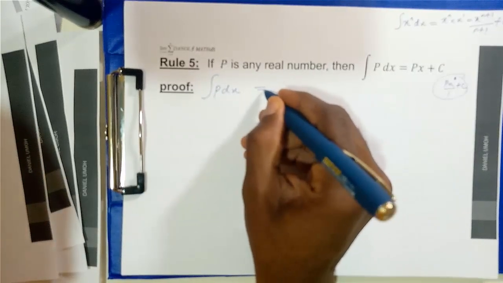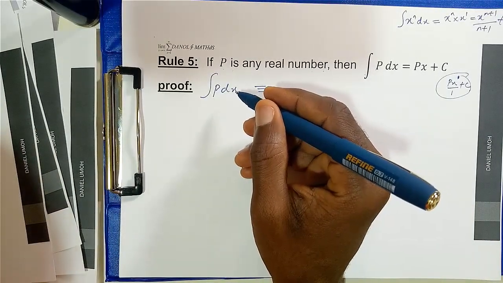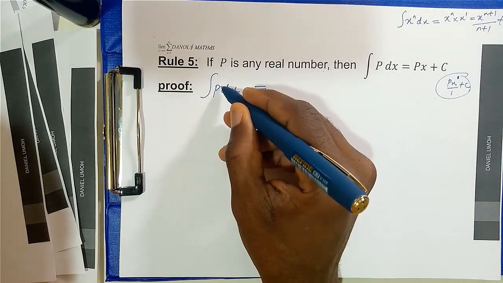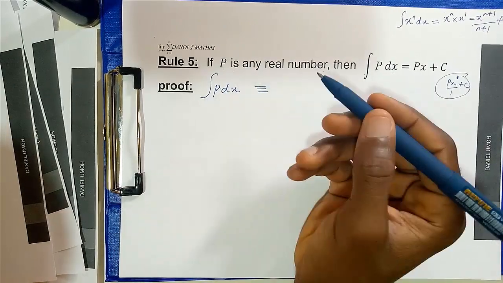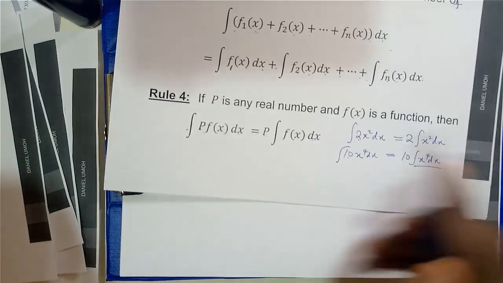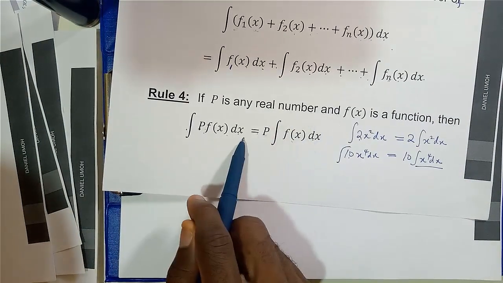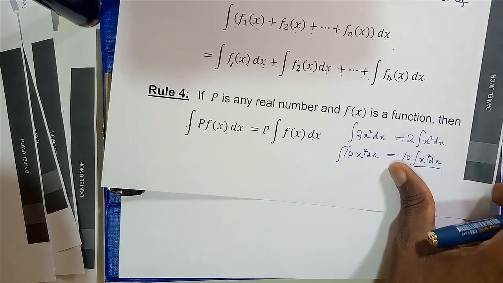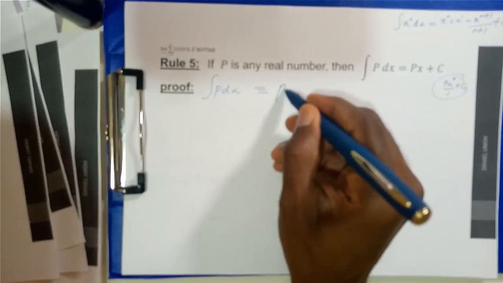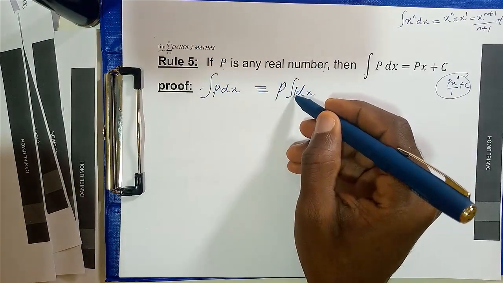From what we just did in rule 4, we established that whenever we have a constant here, we can always bring it out of the integral sign, right? So let me use the rule here in proving rule 5. If I bring this p out, I'm going to have p integral dx. Remember, there is a 1 here.